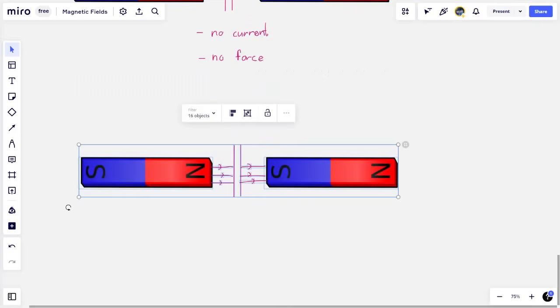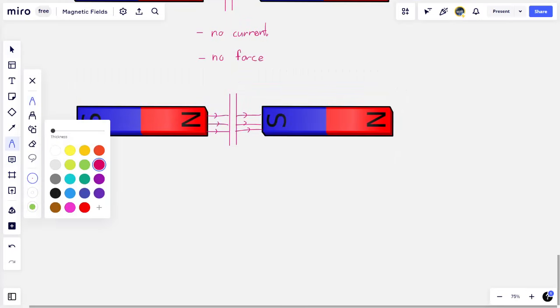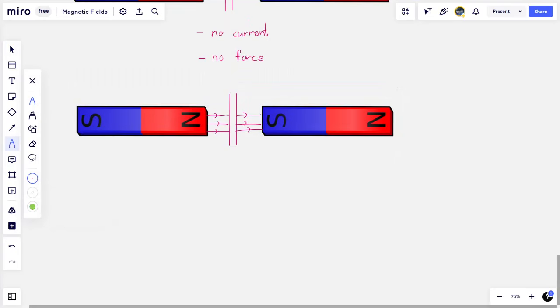I'm going to redraw this diagram with one small change, and that is that current is now flowing in this wire. So now I have a current in the wire, and we notice something strange beginning to happen. The wire feels a force. This is, in very simple terms, the motor effect. There is a force on the wire.